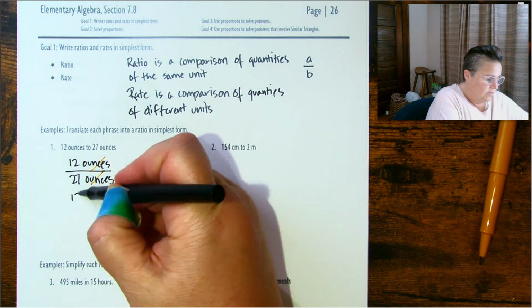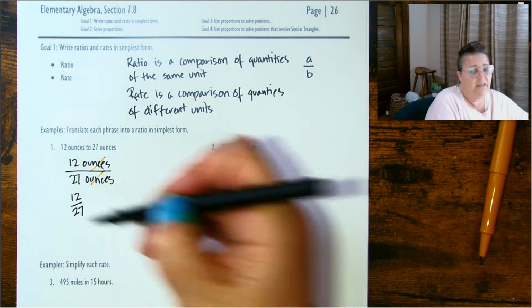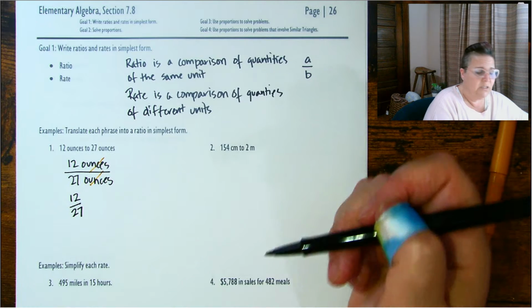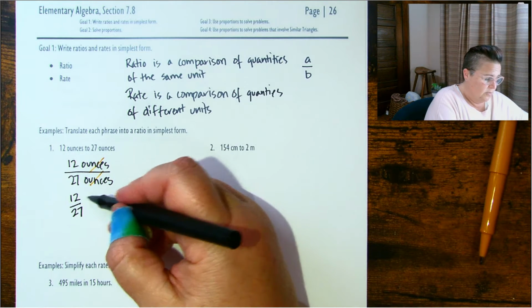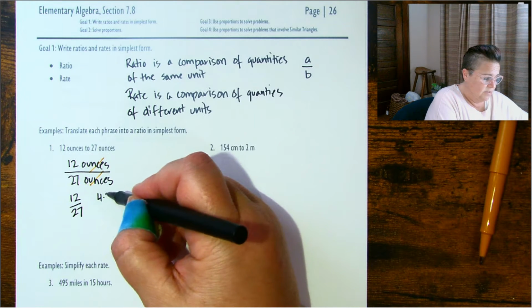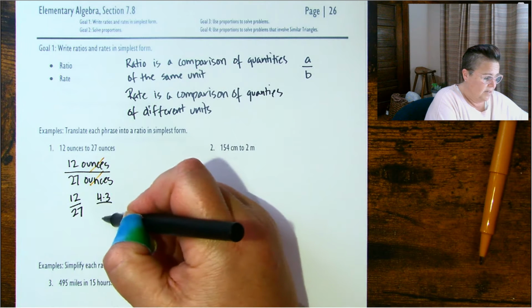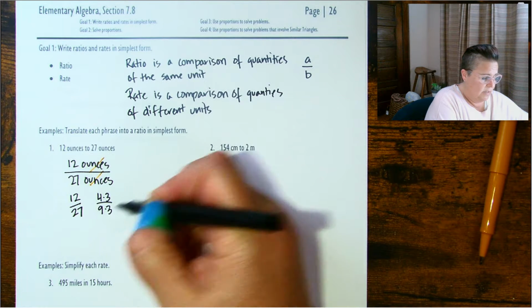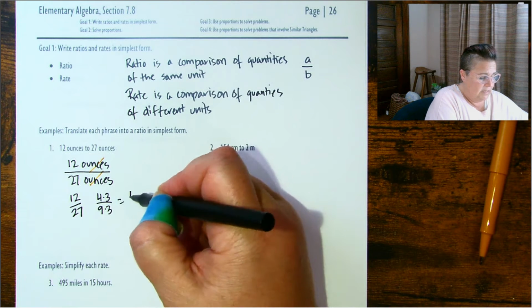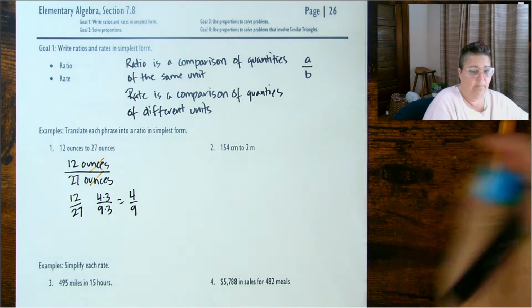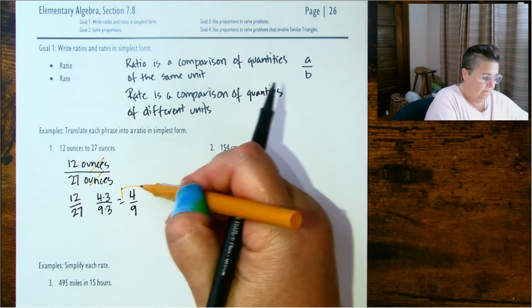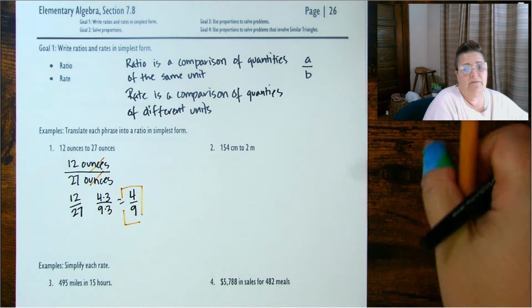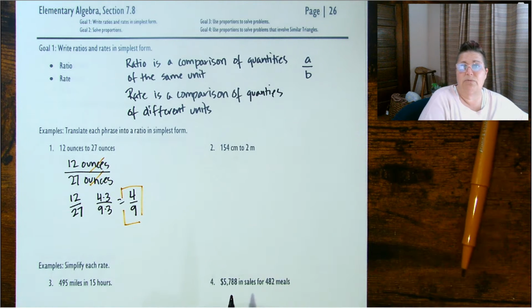This leaves us with 12 over 27, which we would then reduce to lowest terms, 12 being 4 times 3, 27 being 9 times 3, and we would reduce this to 4 over 9. So 12 ounces to 27 ounces would reduce to the ratio of 4 to 9.